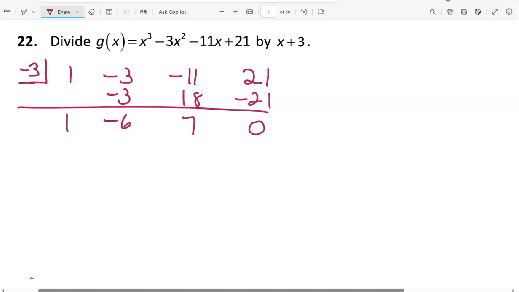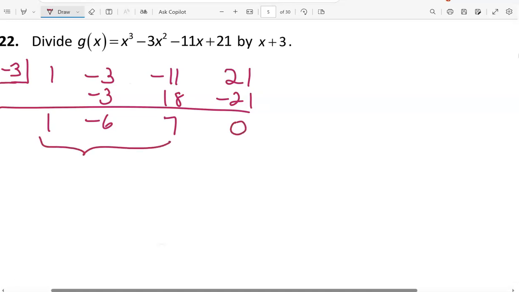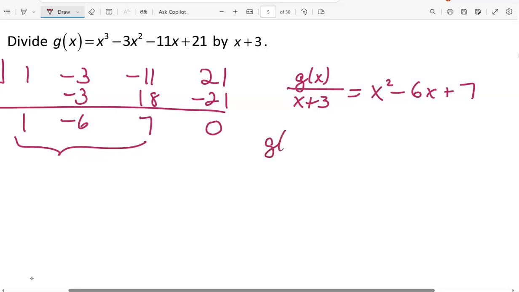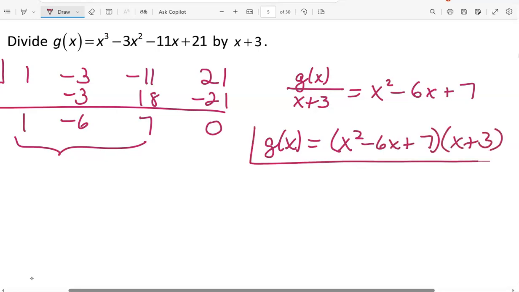Add that column, we get 0. That's our 0 remainder. So what just happened? We took our g of x and we divided it by x plus 3, and we got a result of x squared minus 6x plus 7. Multiply both sides by x plus 3, and we get g of x is x squared minus 6x plus 7 times x plus 3, so that is partially factored.